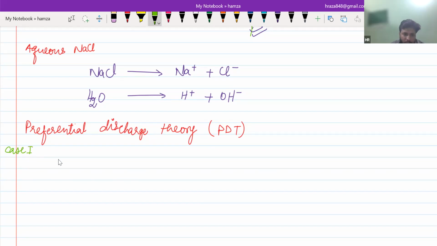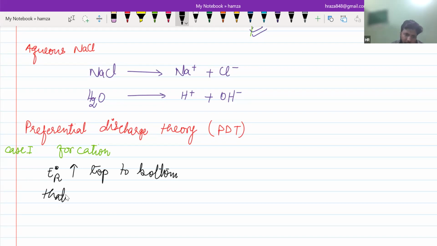So case one, for cation. If E naught R increases from top to bottom in that series, that ion will migrate first.